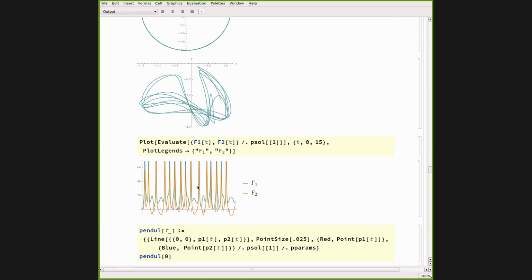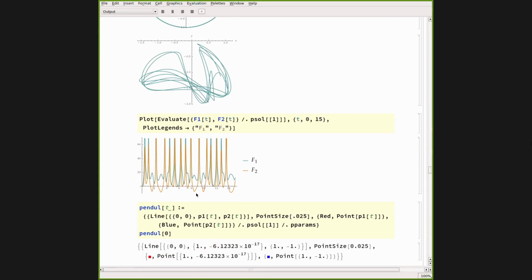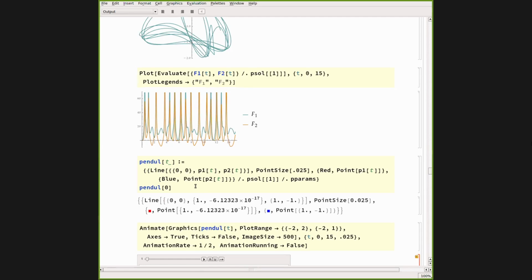Okay, so let's do some plots which will be used for this animation, and we will model our pendulum as a line, just a line passing through 3 points. There is the beginning of the coordinate system where the pendulum is hanged. So we start with point 0, 0, and then we pass to point P1 and then to point P2.